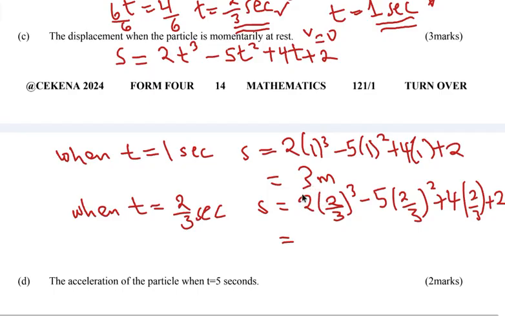So 2 times 2 divided by 3 cube minus 5 times 2 divided by 3 squared plus 4 times 2 divided by 3 and plus 2. Answer hapa itanipa 3.037 meters. So this and this are correct.